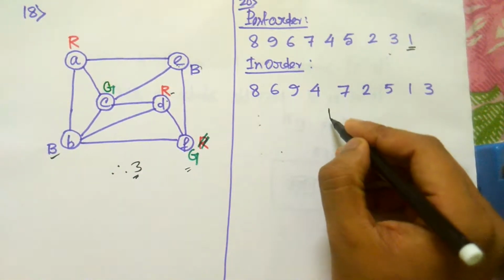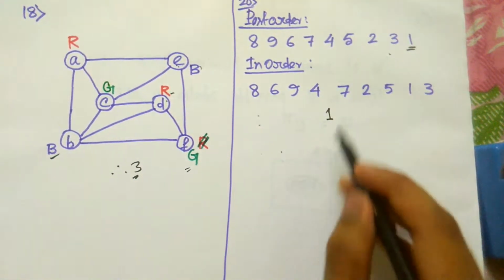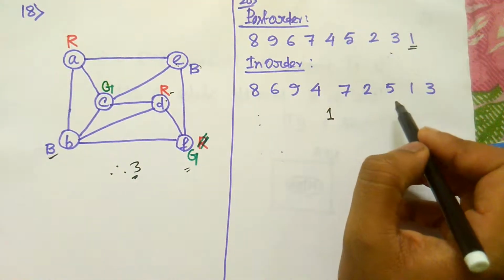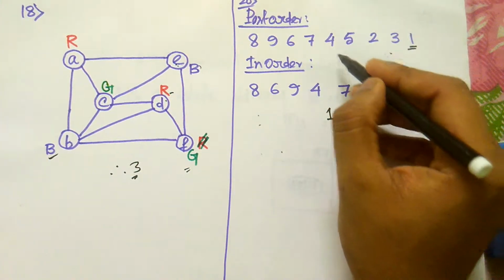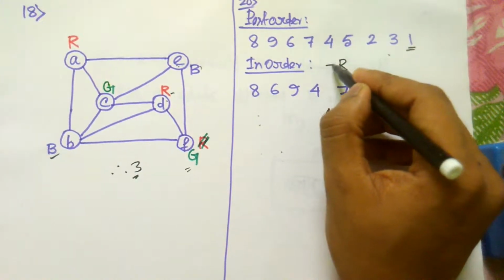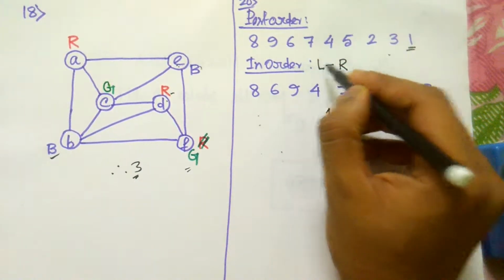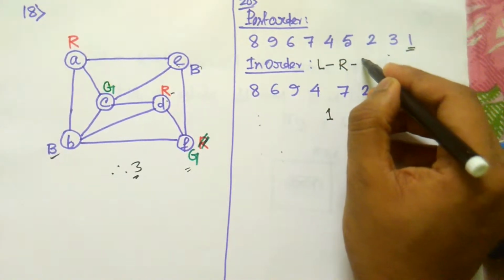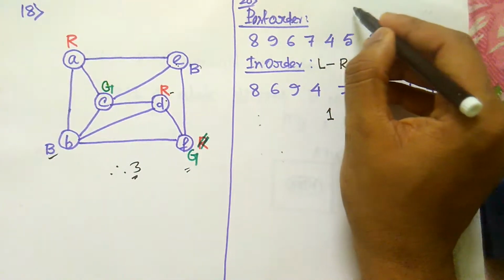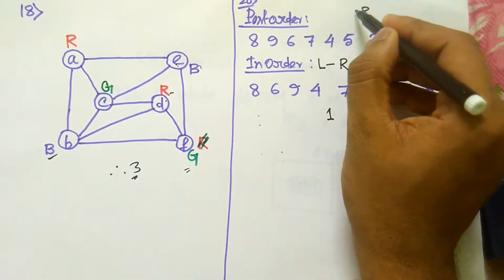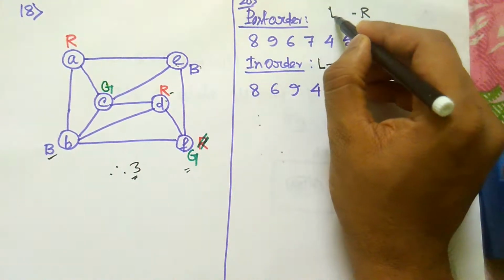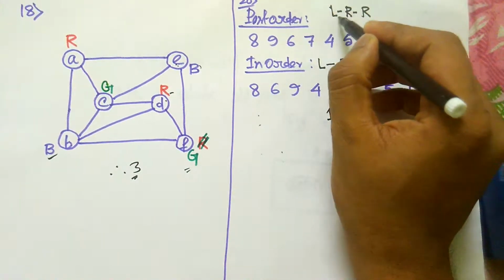So here 1 is the root. In order means the root is traversed in the middle: before the root we traverse the left tree, and after the root we traverse the right tree. Post order means we traverse the root at the end, first left, then right. Pre-order means we traverse the root first, then left, then right.